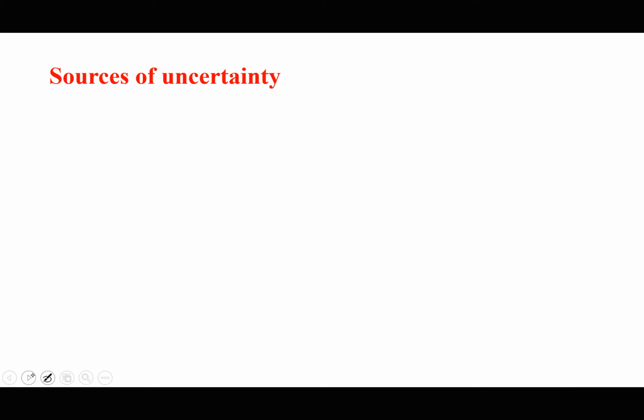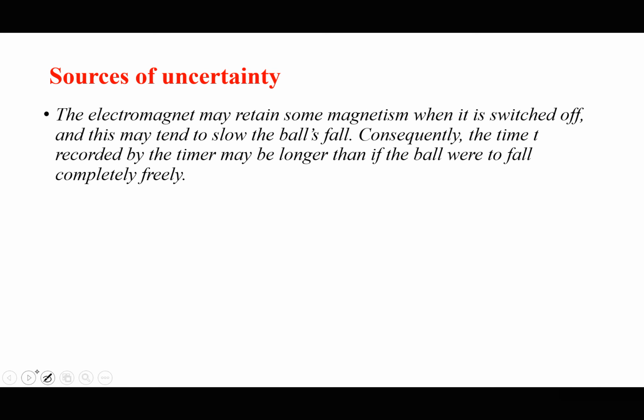Okay, so some sources of uncertainty in the methods we have just talked about. The electromagnet may retain some magnetism sometimes, even if it is soft iron, when it is switched off, and this may tend to slow the ball's fall. So if the electromagnet retains some magnetism, the steel ball may take a short time before it starts falling. Consequently, the time recorded by the timer may be longer than if the ball were to fall completely freely. That's one limitation.